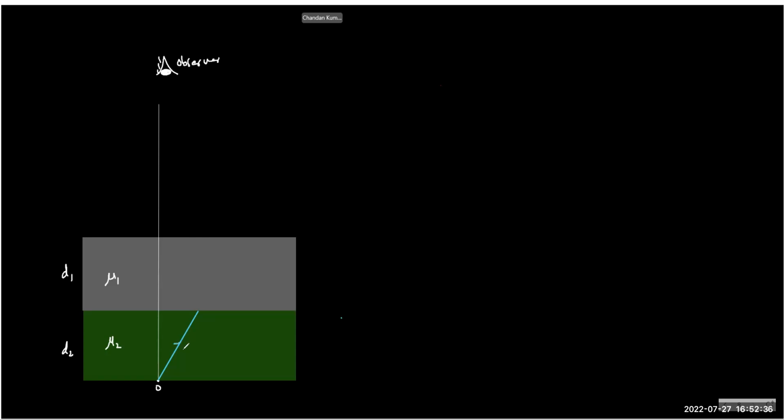The first ray will go like this, but it will suffer refraction, yes or no? Yes. And it will move away from the normal. Let's just assume away from normal, if mu1 is less. In the mathematical derivation we'll eventually get a mathematical relation, so it really doesn't matter.